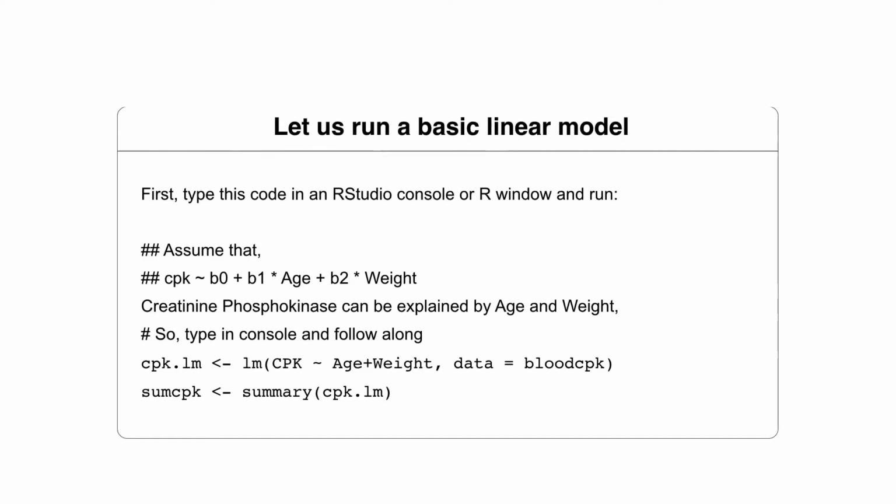So take up the first line, CPK, then there's a tilde, and then there is a B0 plus B1 times age plus B2 times weight. Let's make some sense of this. CPK in our context is creatine phosphokinase. The tilde mark is, as you know, according to the Wilkinson-Rogers formula.